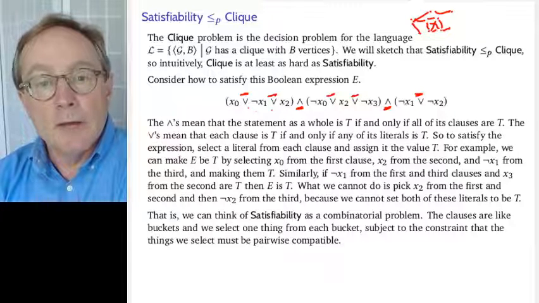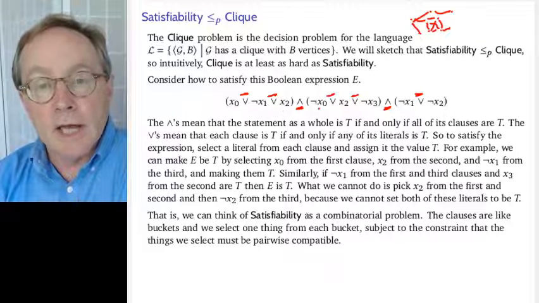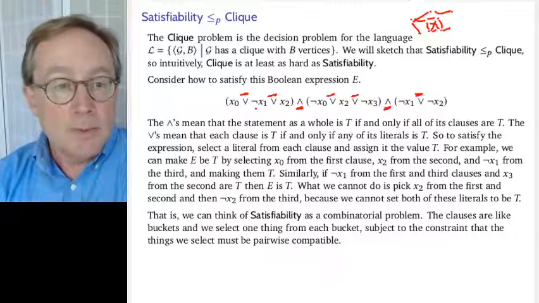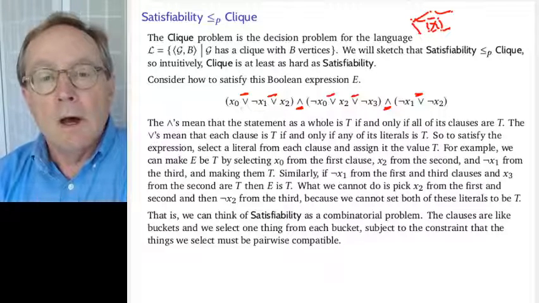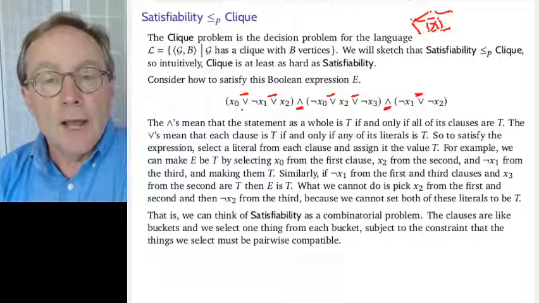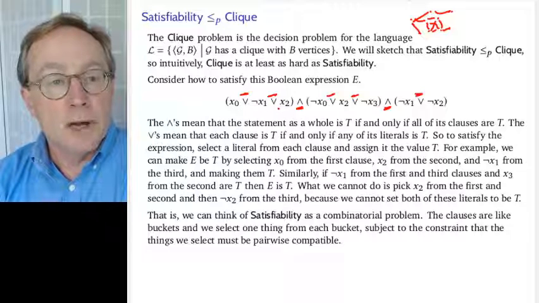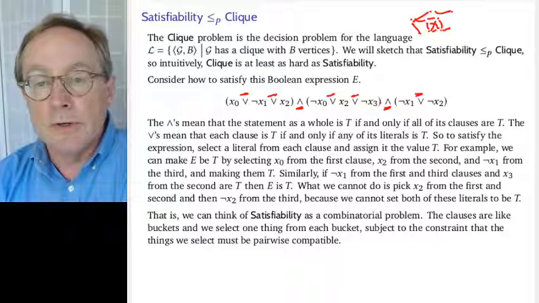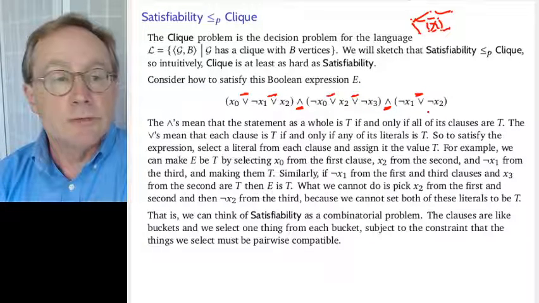Okay, what about inside of a clause? How do you get a clause to be satisfied? You have to have at least one of these, called literals, the x0, the not x1, and the x2. If any one of the literals comes out true, then you're good.